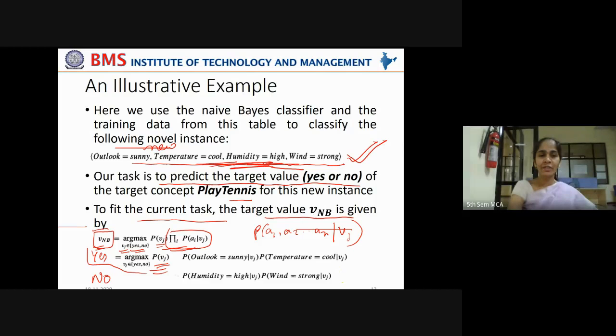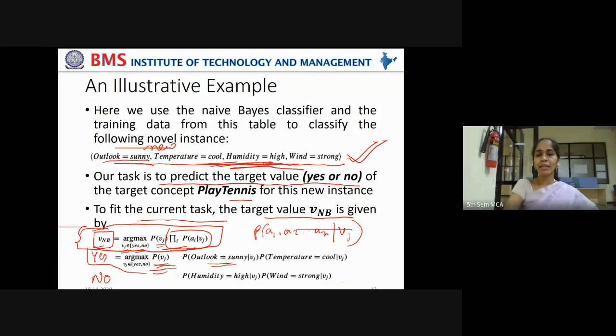Just consider this formula. Now we are calculating the probability of yes and the probability of no. First, the probability of yes we are calculating, multiplied by the attribute values given: Outlook sunny. So what is the first probability?